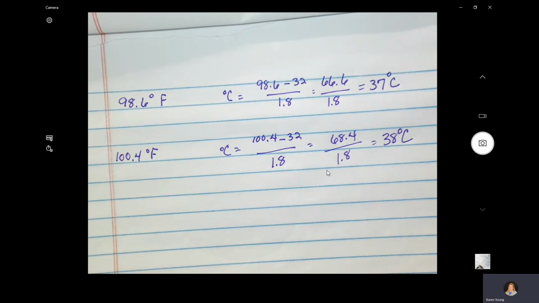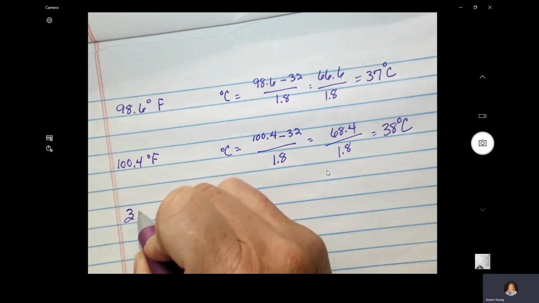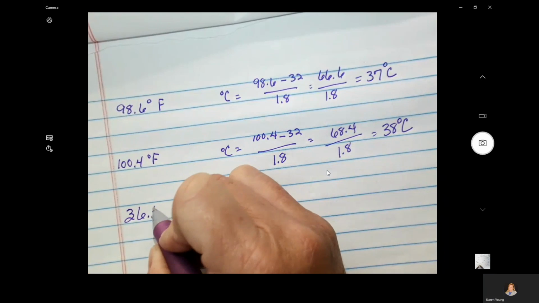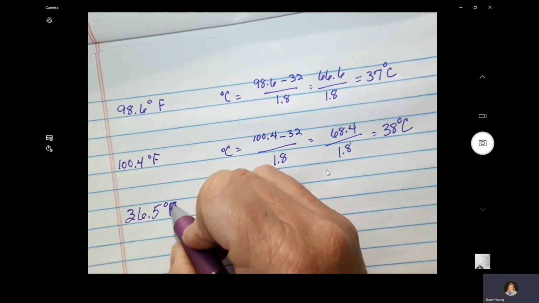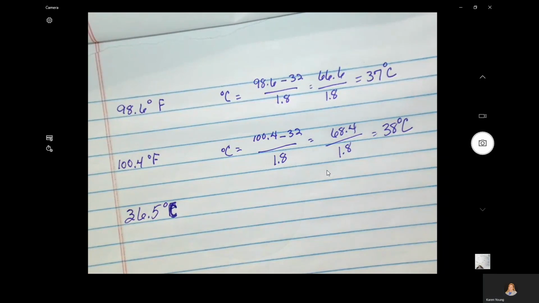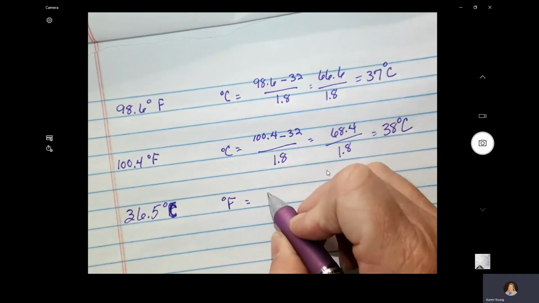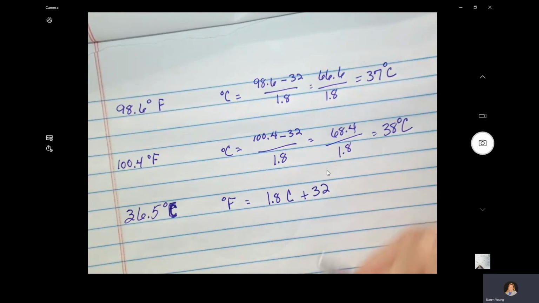So, going back to finding temperatures. What if somebody comes in and they have a temperature of 36.5? Oops, not Fahrenheit. Well, they'd have hypothermia. Okay, so we're looking for degrees Fahrenheit, and it's 1.8 times my degrees Celsius plus 32 this time.